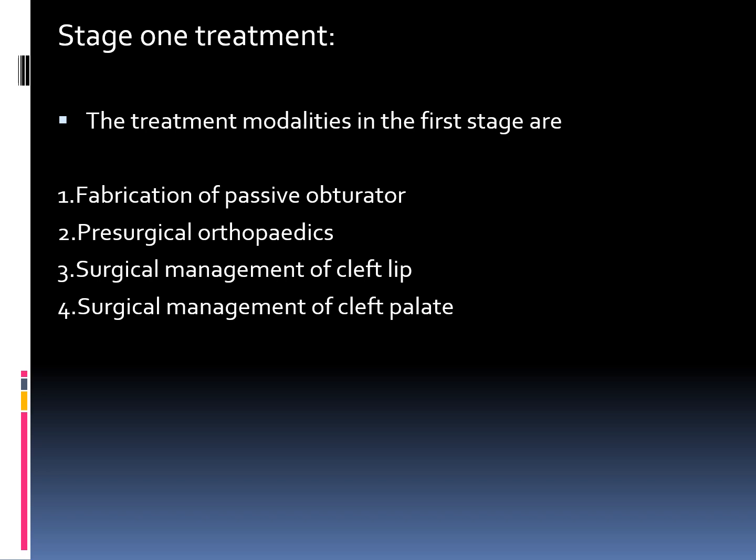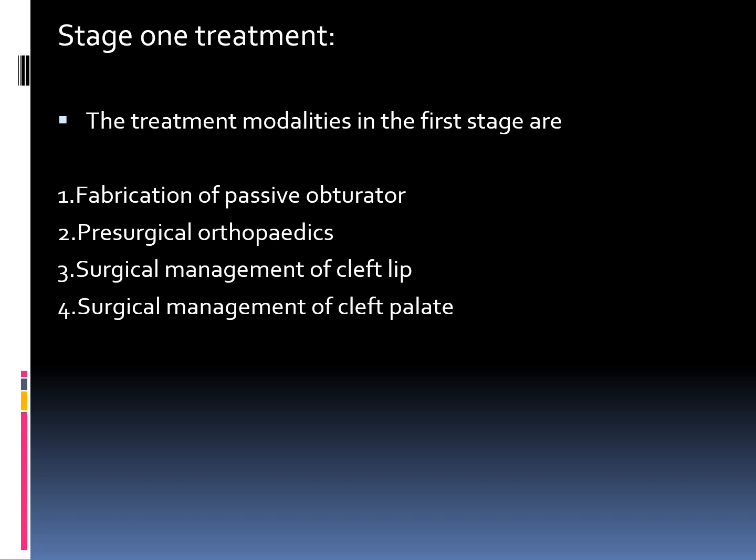So what happens in stage 1 treatment? The treatment modalities in the first stage are fabrication of a passive obturator. Can anybody tell me what a passive obturator is? I hope you could recall or have an image in your mind.